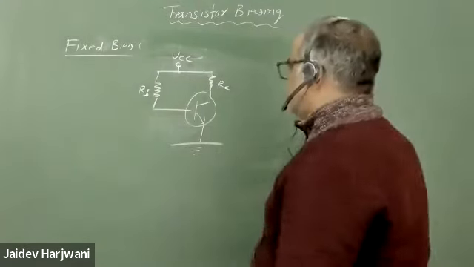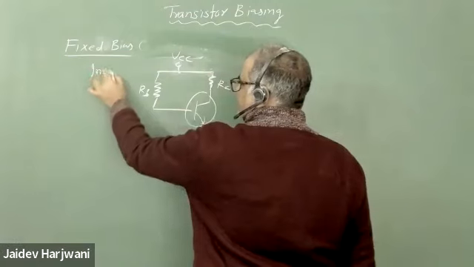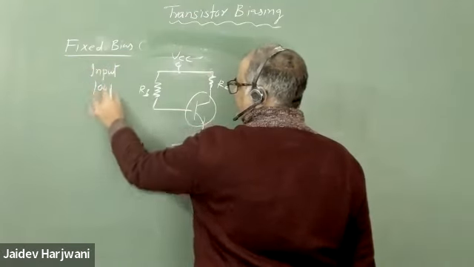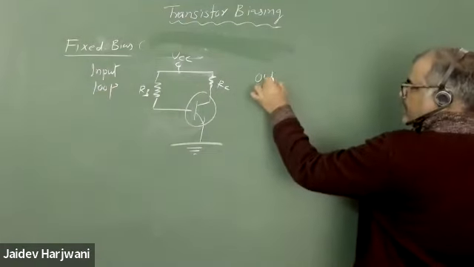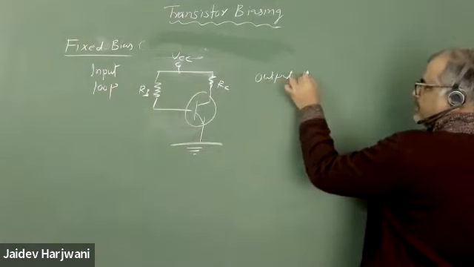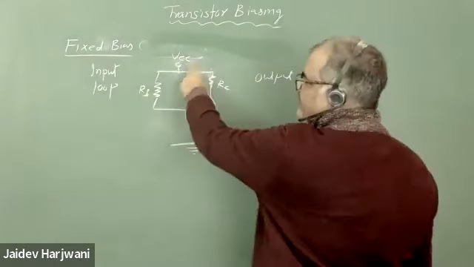Now here we have two loops. Say this is my input loop and this is my output loop. As you can see, I'm only giving one battery.